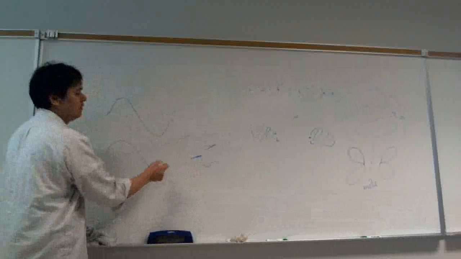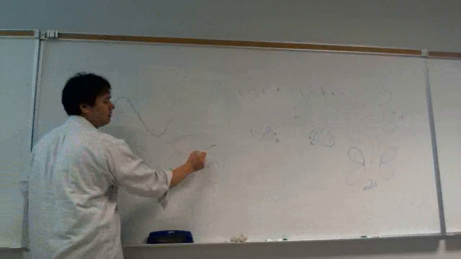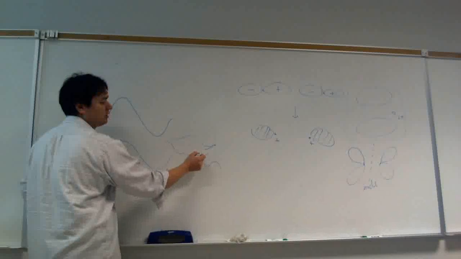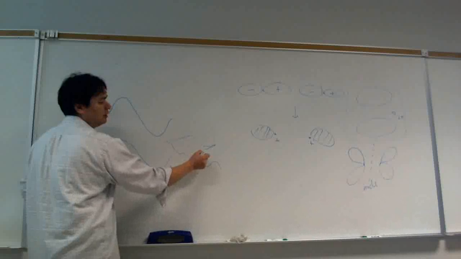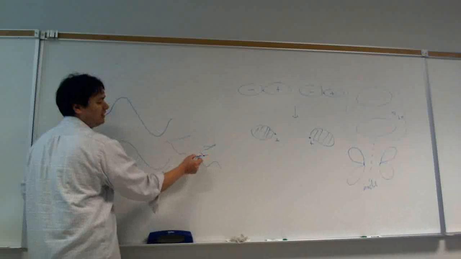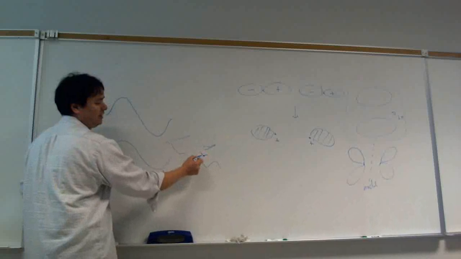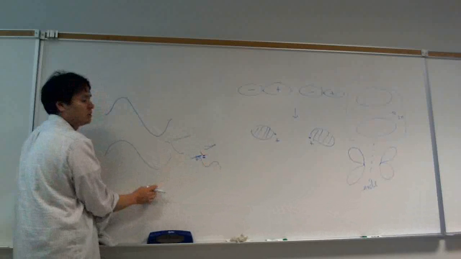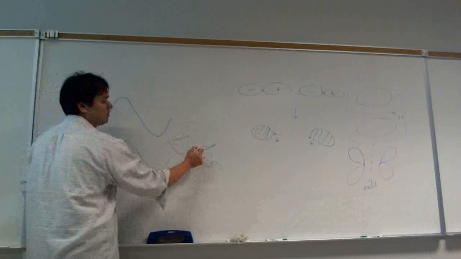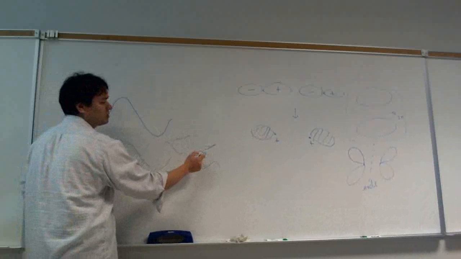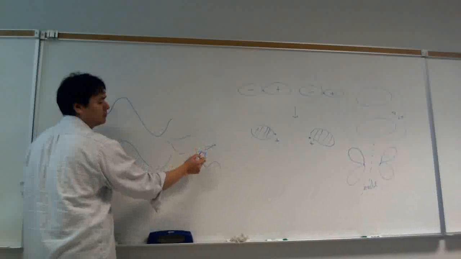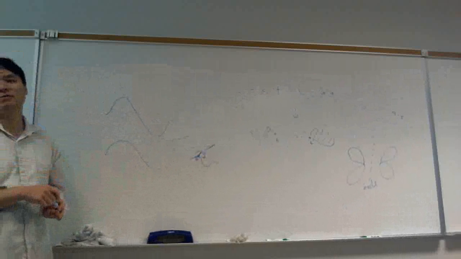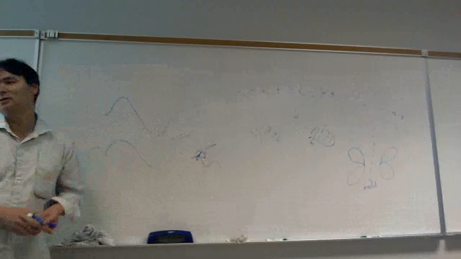Versus if the two waves are out of phase, then they'll cancel. This one's generating a valley as this one's generating a peak here. Then what's going to happen? The positive amplitude and negative amplitude will cancel each other out. But if this one's generating a peak at the same time this one's generating a peak, then the positive amplitude will increase the size of the water wave. And so just experiment with this.